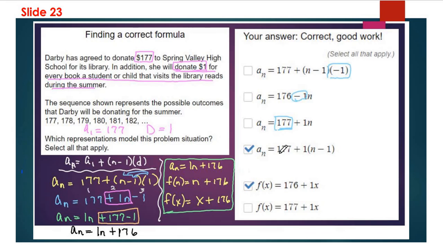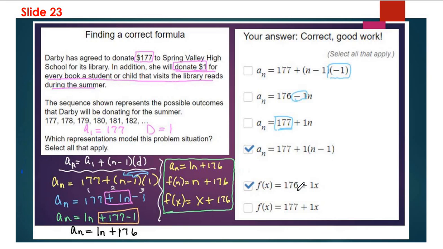Now, when I look at this, I see that this right here matches this right here. And remember, the common difference can be written in front of the set of parentheses like they have it right here, and it's perfectly fine. So this is where they set up the explicit formula.